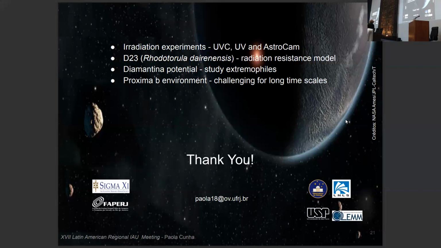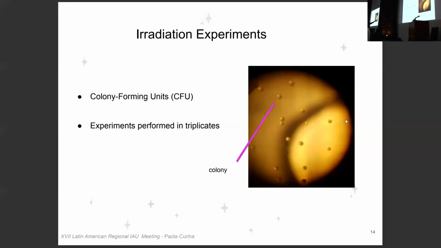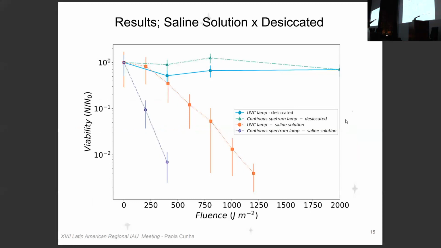And our values, let me show you. Here, the value for the UVC lamp. Comparing, it was very close, because it lost 90% of viability close to the 600 value of fluence, and it was very close to Deinococcus radiodurans, and it was very interesting.